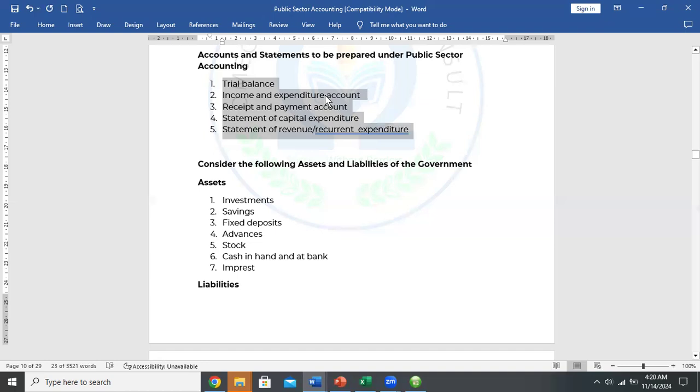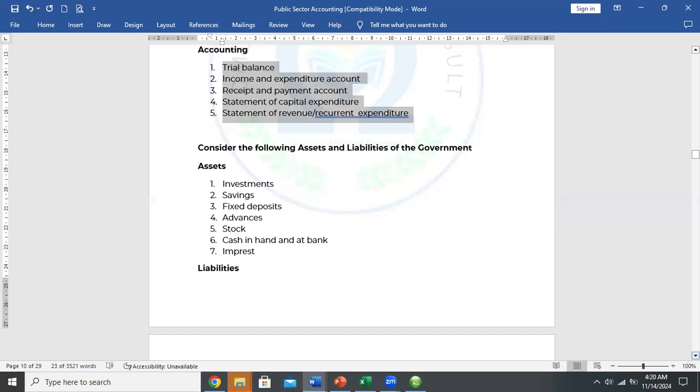It is similar to the income and expenditure, just that the income and expenditure is only concerned with revenue, okay? Because some receipts are not necessarily revenue, and not all payments necessarily constitute expenditure of the government. Hence the distinction there. Okay.